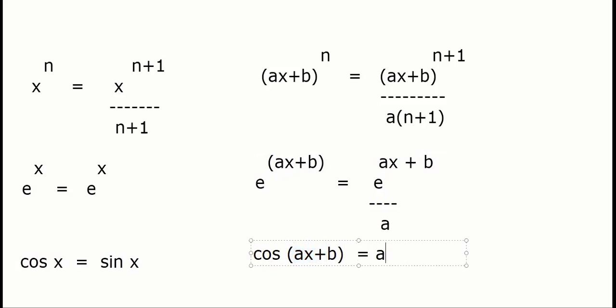Sin of ax + b, and because we have a coefficient of x as a, divided by a. We are not doing function of function, not like differentiation. I am explaining using the substitution we did. Correct? That is what I am trying to say. This you should all know now, because we are going to use this property to do integration. I already showed you (ax + b) to the power n. That is how it happens.